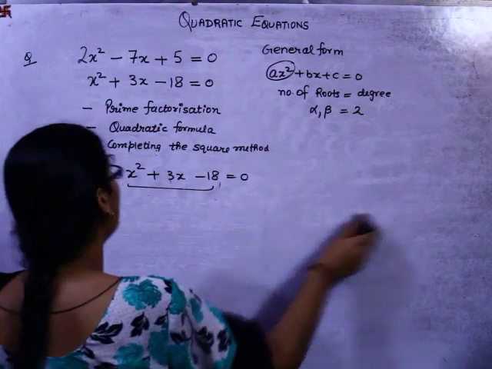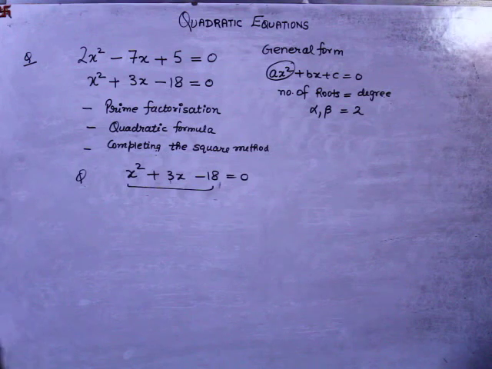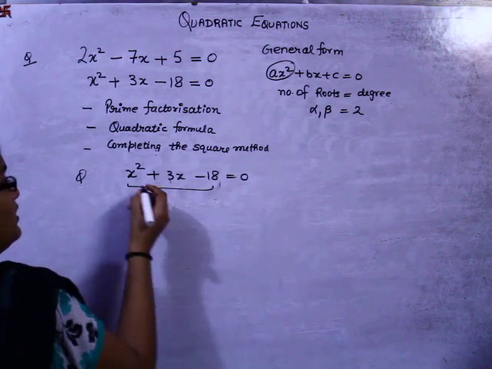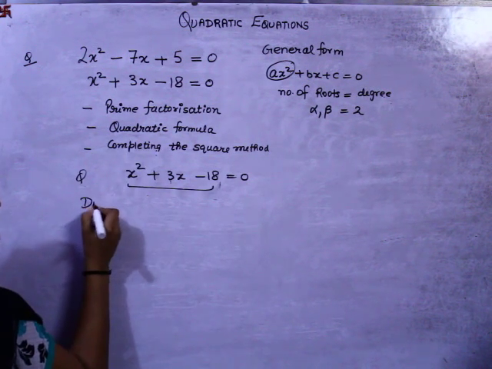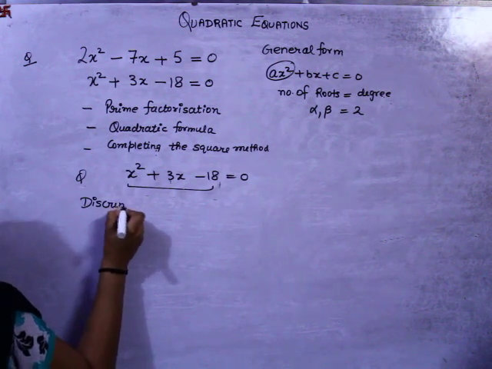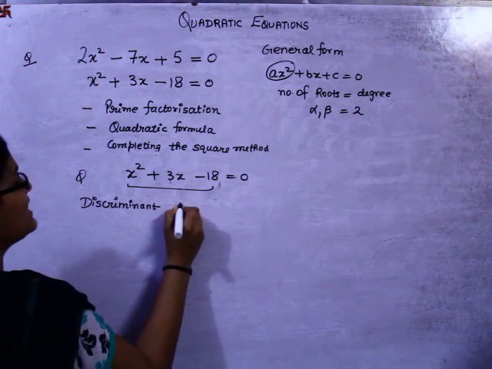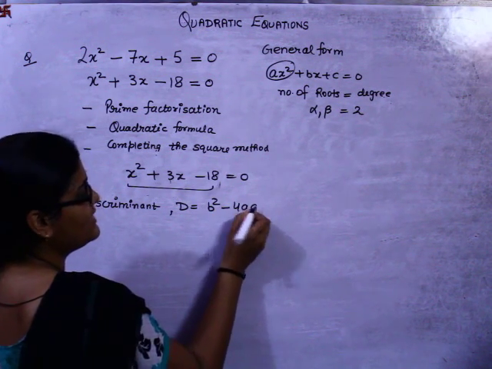So what we have to do in the quadratic formula, listen to me, the roots must be the same, whichever method you have applied. So in the quadratic formula you have to firstly find the discriminant, which is denoted by D, whose formula is B square minus 4AC.